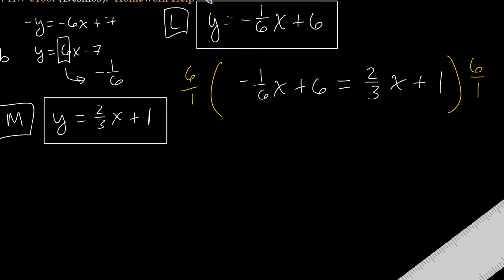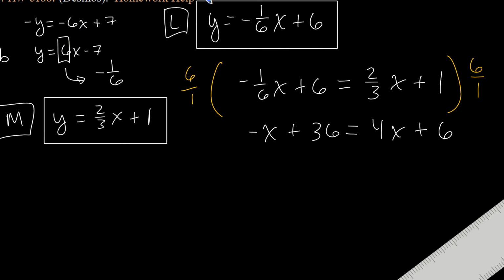When I multiply negative 1/6 times 6, that gives me a negative x, and then plus 6 times 6 will be the 36. 6 divided by 3 is 2, so 2 times 2 is 4, so this should be a 4x, and then plus another 6. Okay, the only variable I have here is x, so this is the equal values method.